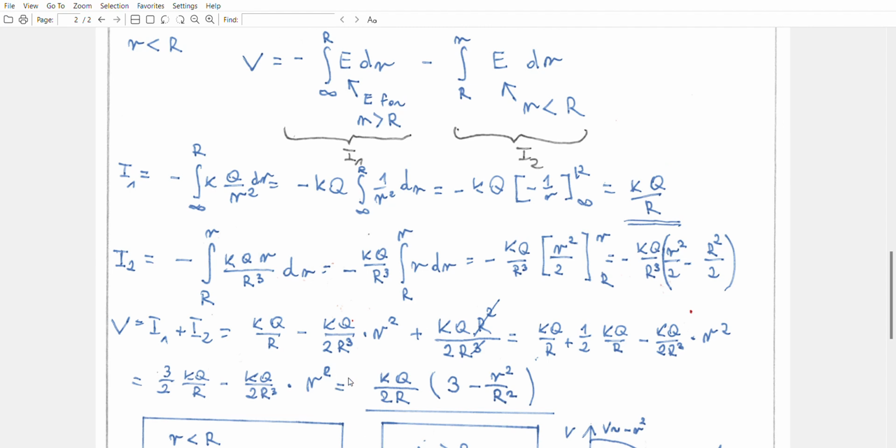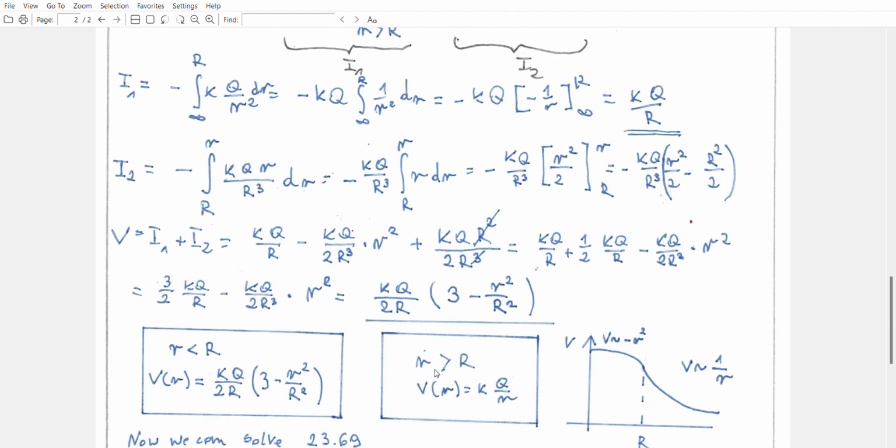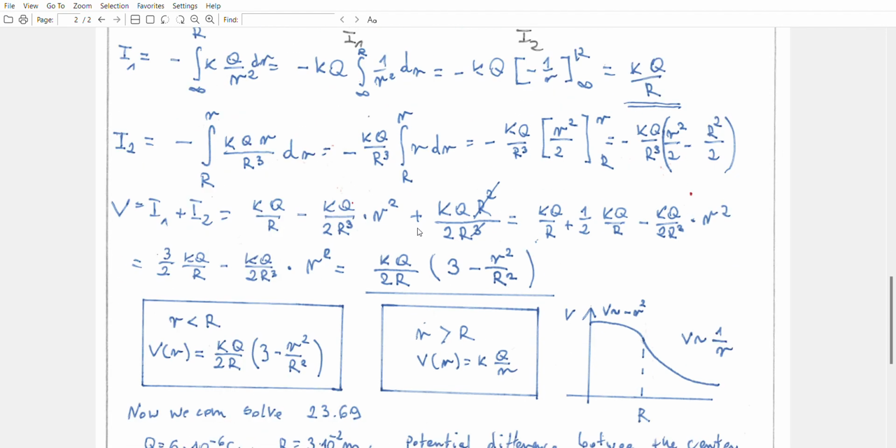You can think about what your common term would be. For sure it will be kQ, and here is 2, so kQ by 2R. This is the common term. And when you take it, you have 3 minus this term by R squared, because I take 1 by R as a common term. And this is the final answer.